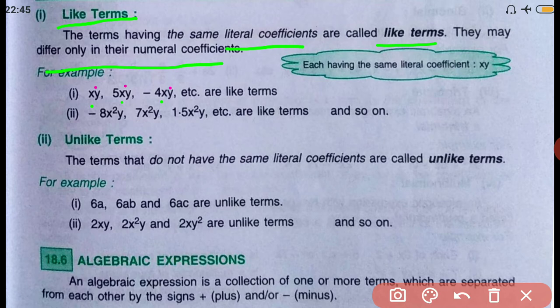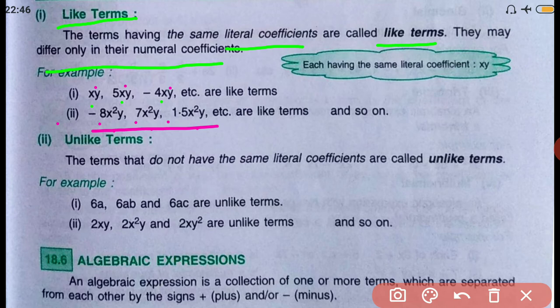Just below that is example number 2. Now what you can see is minus 8x square y, 7x square y, 1.5x square y. So here these three are all like terms, although they have different numbers, different constants, in front of them.